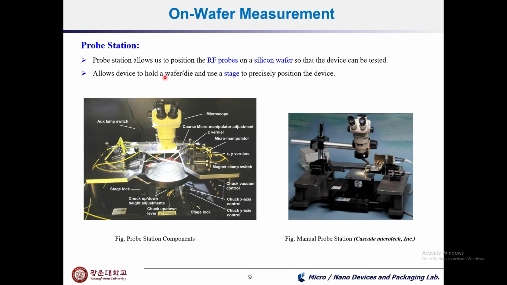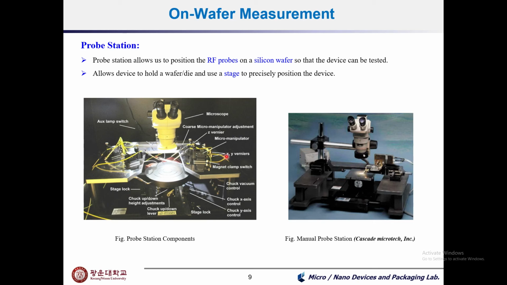One of the important components of the on-wafer measurement system is the probe station. This figure illustrates the detailed components of the probe station. The important components are the optical devices such as the microscope, the chuck, which is used to move the wafers from die to die, and the stage is another important component.